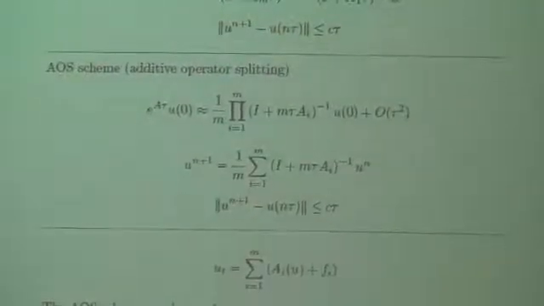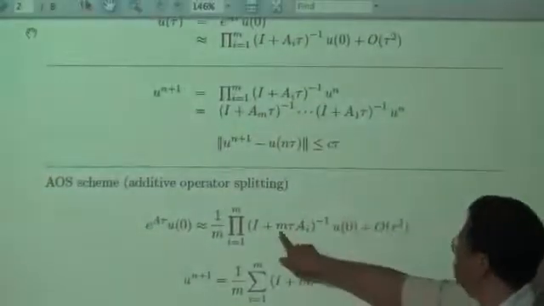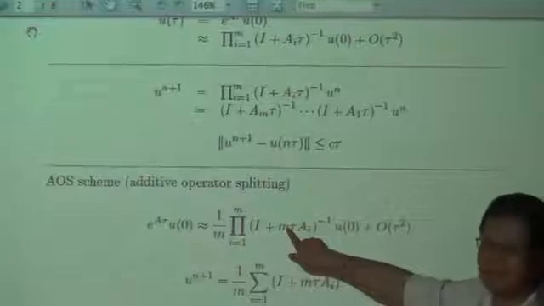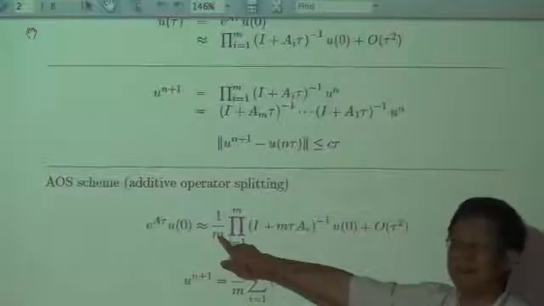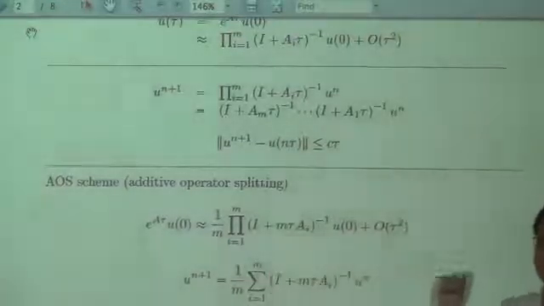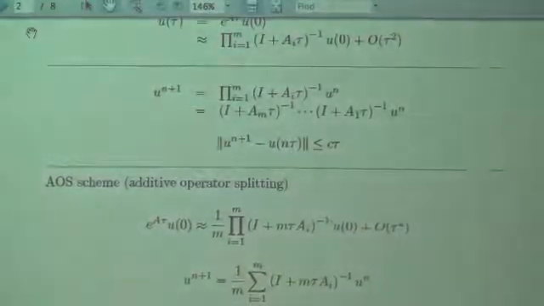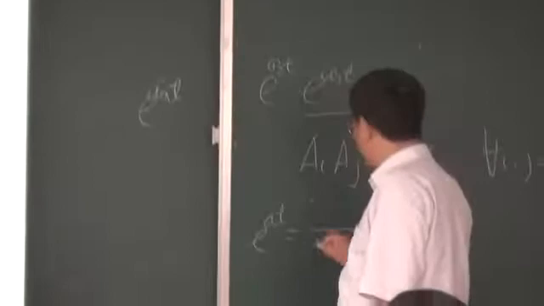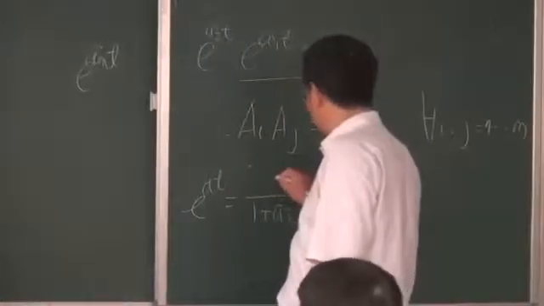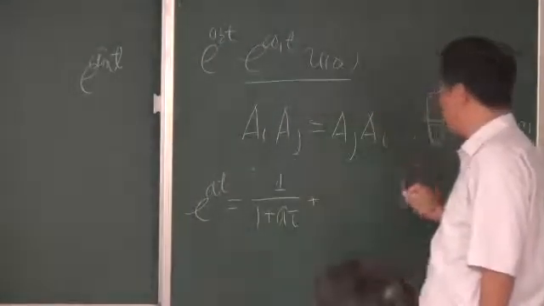So instead of using I plus M A tau, you put the M here, and then you divide it by M. And this you can see very clearly if you do the Taylor expansion. Especially you see e^{At} is equal to 1 plus At plus the remainder terms.